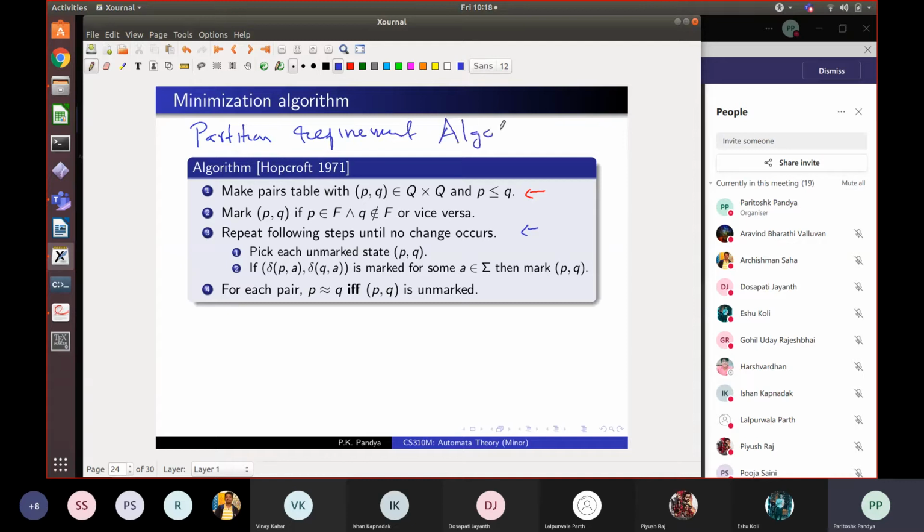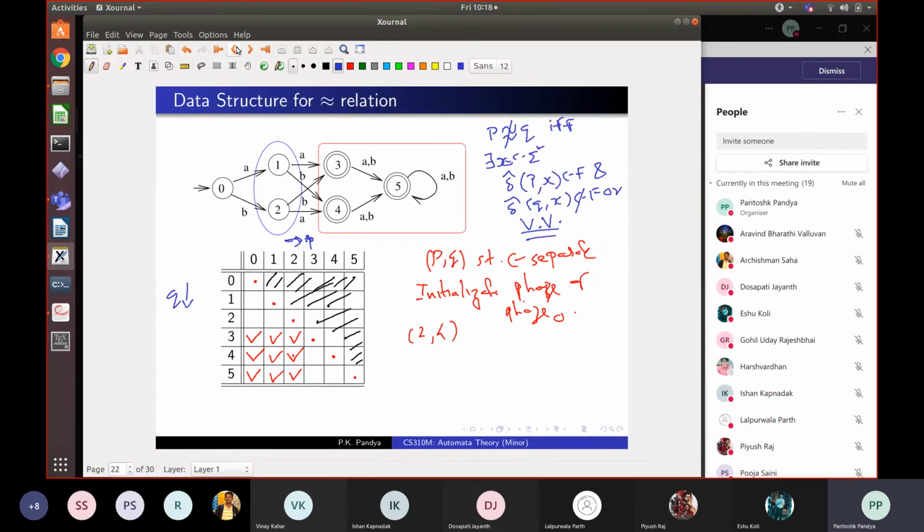So let's work out this algorithm on an example so that a few things become clear to you. This is what we had done in phase 0. This is the phase 0 marking for our automaton. Now we do phase 1. In order to do phase 1, what do we have to do? We have to pick up every unmarked square.